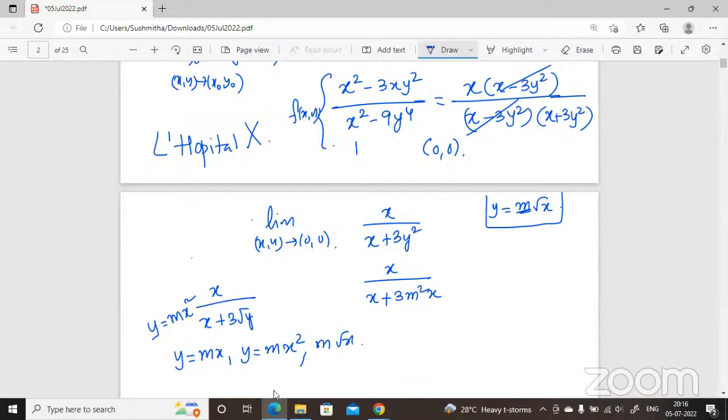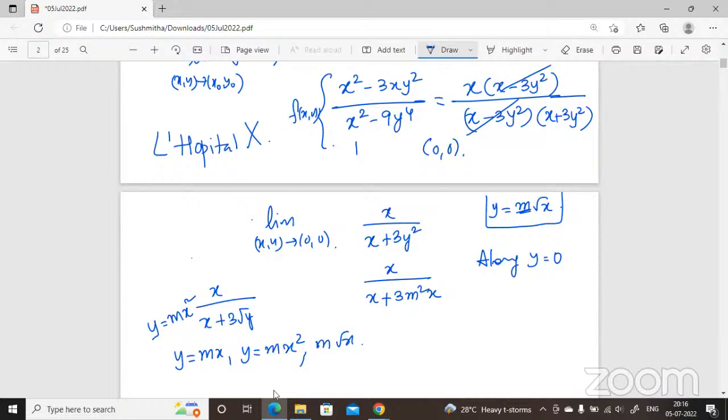At y is equal to 0, it is 1, no? Means x by x. Yeah. What I mean to say is, if the function itself is x by x plus 3y square, and I look at its limit as x and y tend towards 0.